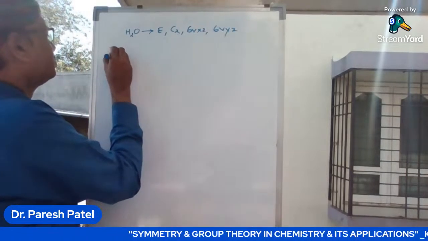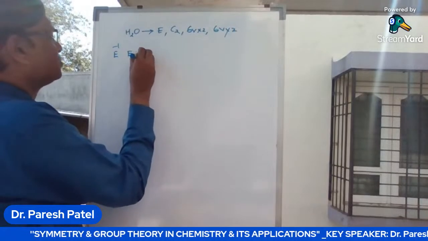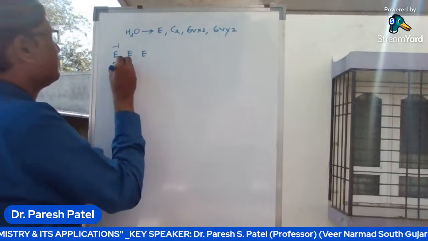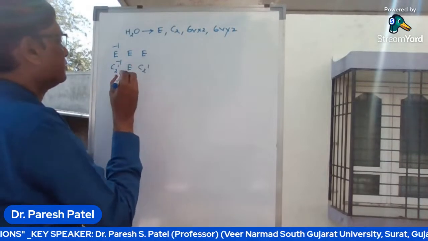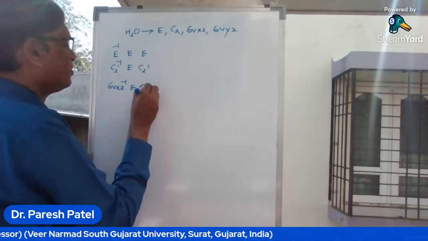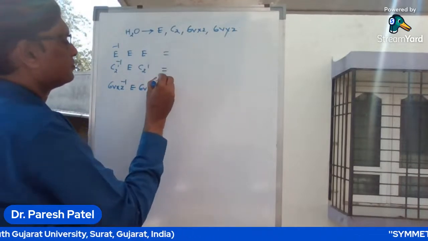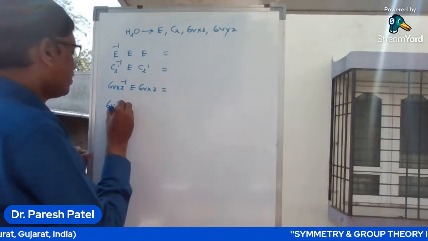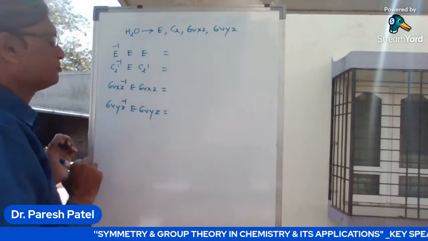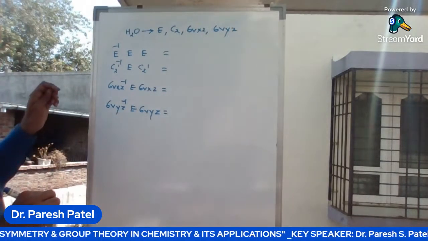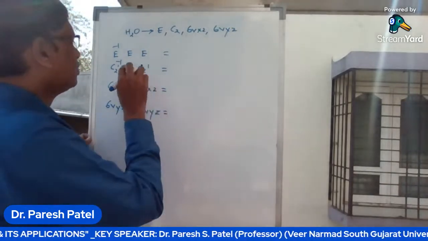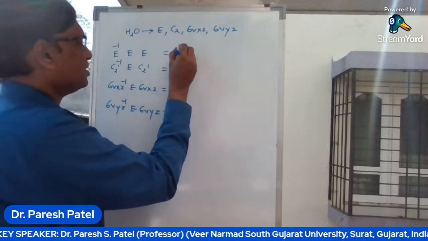Okay, with respect to E, E inverse E into E, C2 inverse E into C2, sigma Vxz inverse E into sigma Vxz, sigma Vyz inverse E into sigma Vyz. Okay, we know that if we operate identity symmetry operation on any molecule, answer will be the same.